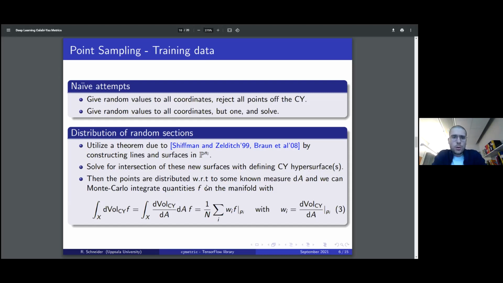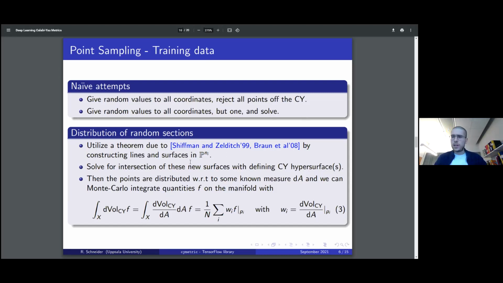So what you do is you have a Calabi-Yau defined by n hypersurfaces, and then you distribute random parameters and construct lines and subspaces in the different projective spaces which make up the ambient space. And you construct them in such a way that you have a known ambient space measure from the construction. So you sample random points on these projective spaces, on these ambient spaces, and you sample 3 points, for example, and then you construct a surface.